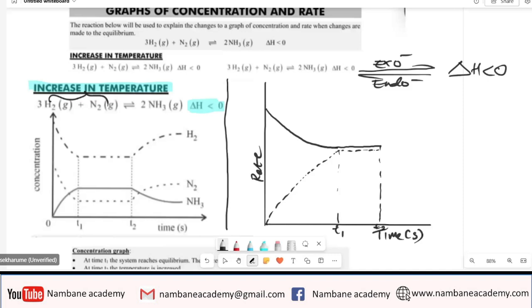now I've used the solid line here as the forward direction. I've used the broken line as the reverse. It doesn't matter. We can also use the forward direction as a dotted line, like in our graph.